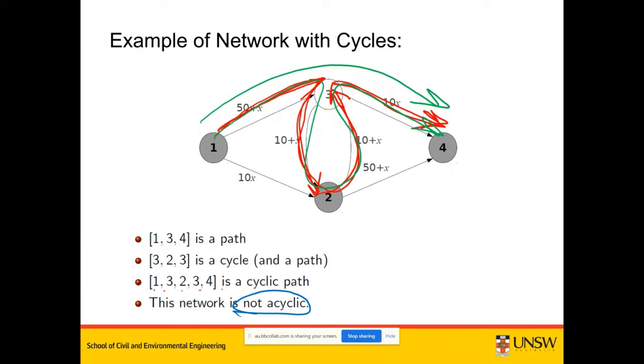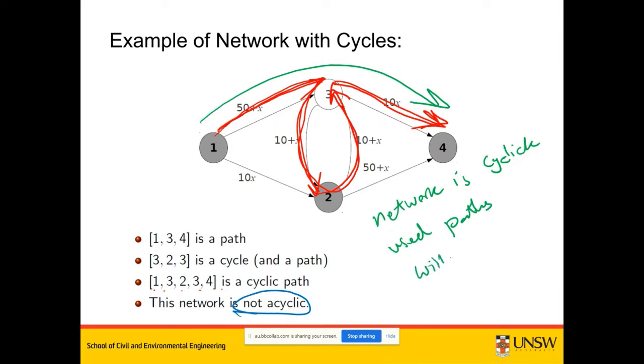So the network is cyclic, and it also has cyclic paths, but used paths, the paths that people use, will not be cyclic. Okay.